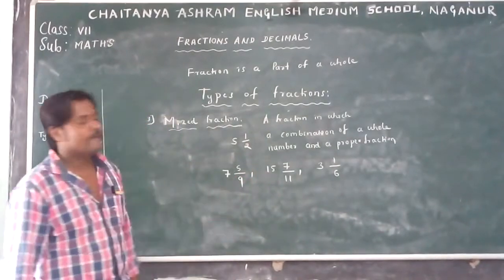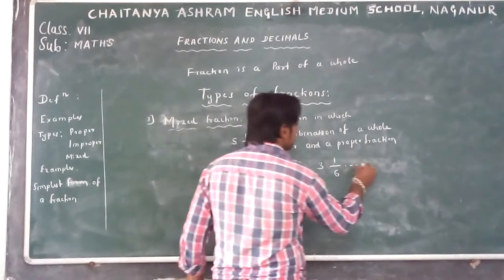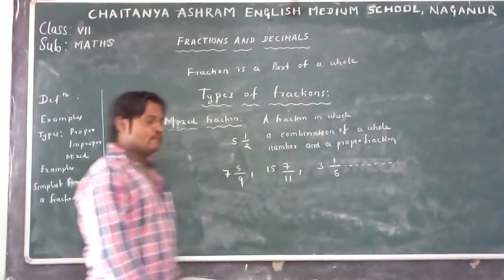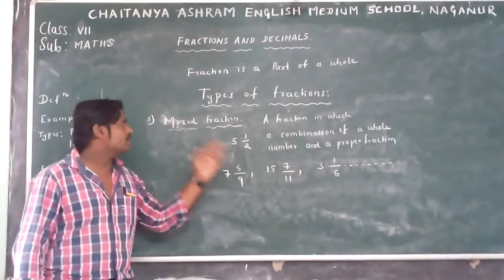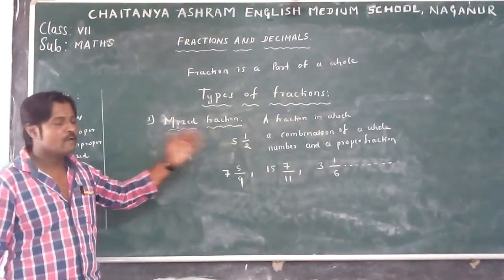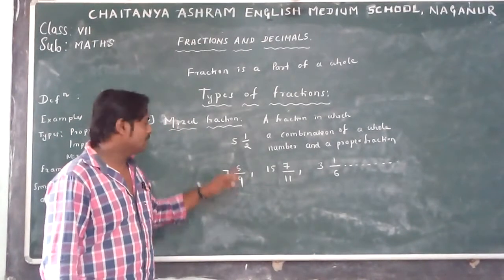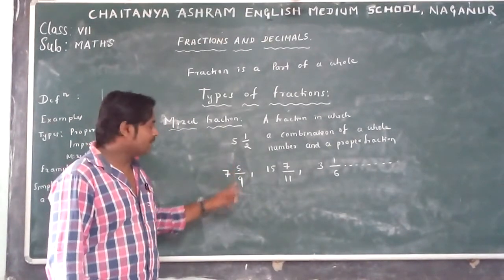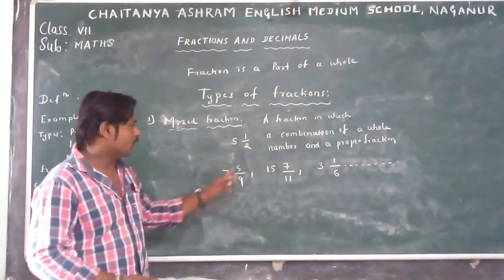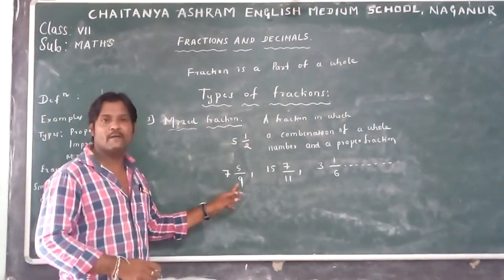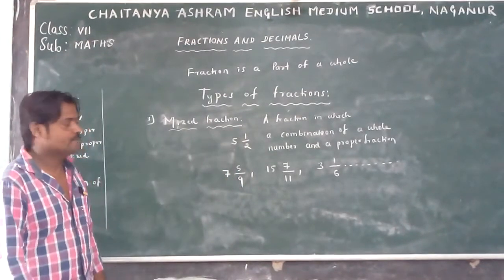Yes, this is also an example of mixed fraction. So dear students, in this way we can write many examples for mixed fraction. Keep in your mind that it has a whole number along with a proper fraction. That should be proper fraction which has numerator less than denominator along with whole number. Total it is called mixed fraction.